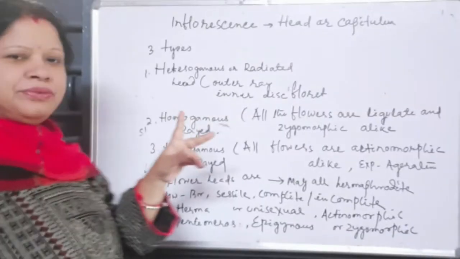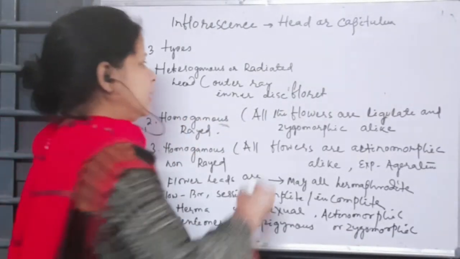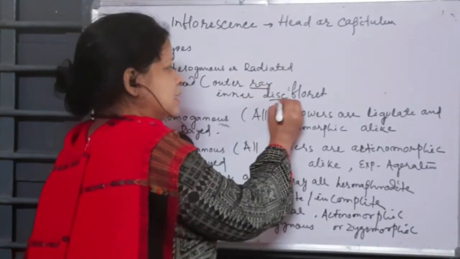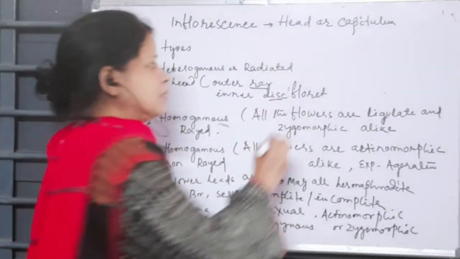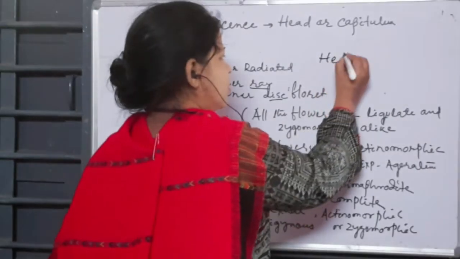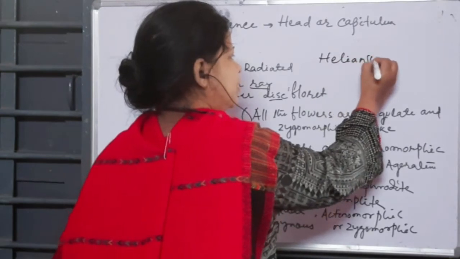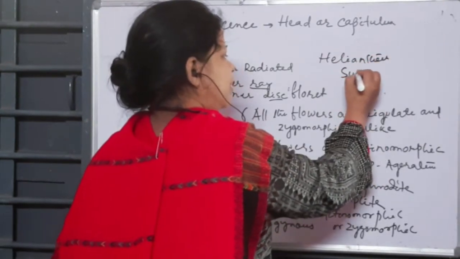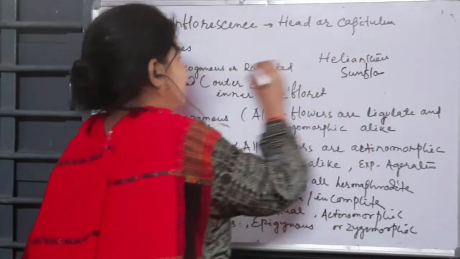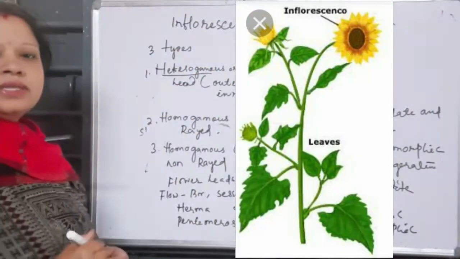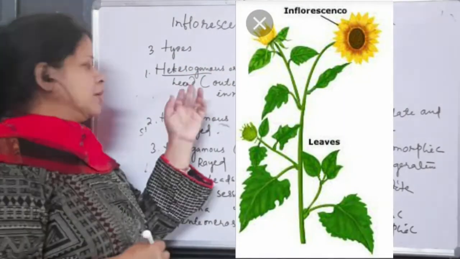Heterogamous means two different types of florets, ray floret and disc floret. In case of Helianthus or sunflower, there is presence of this heterogamous or radiated head.